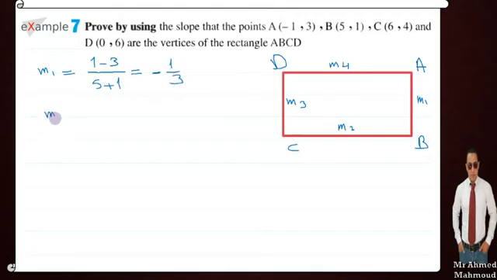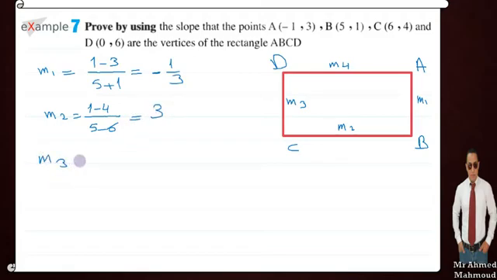M2, which is the slope of BC, equals 1 minus 4 over 5 minus 6, which is equal to 3.